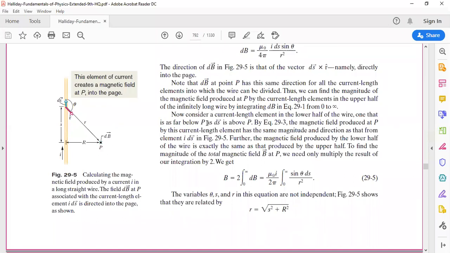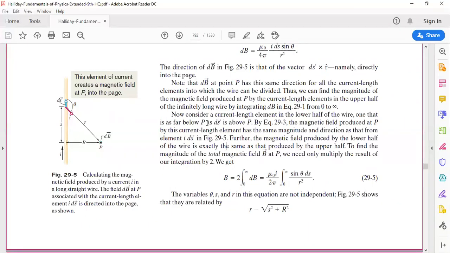And what is the difference between integration and summation? Everyone please note down the difference between integration and summation, when we will apply summation and when we will apply integration.